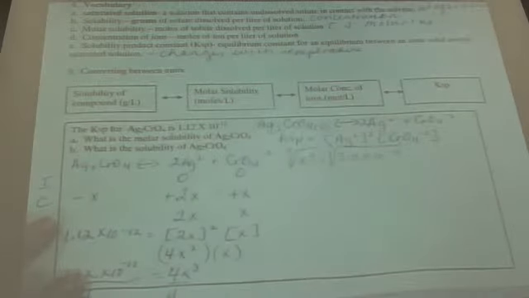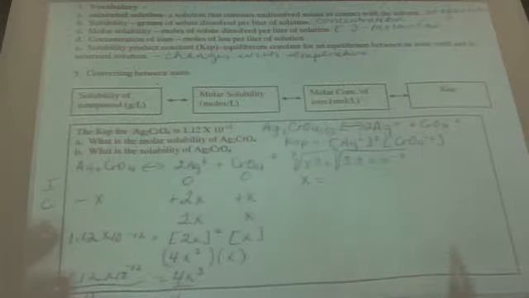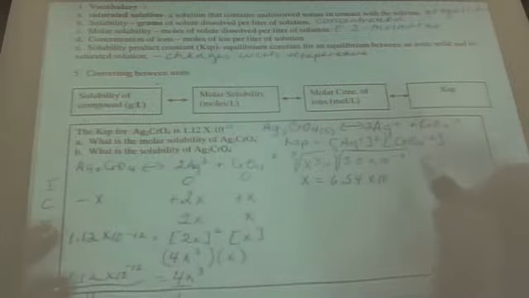And then I'm going to take the cube root of everything and say thank you to the people who make these calculators, because that is a very easy x. And x is equal to 6.54 times 10 to the negative 5.